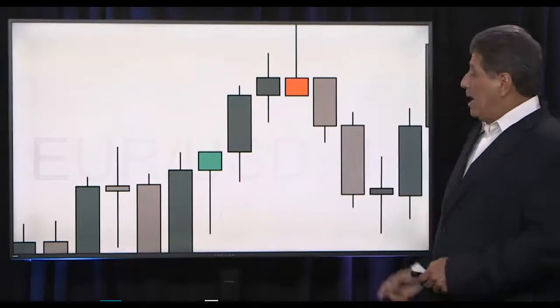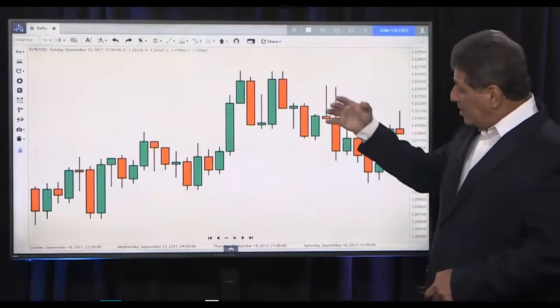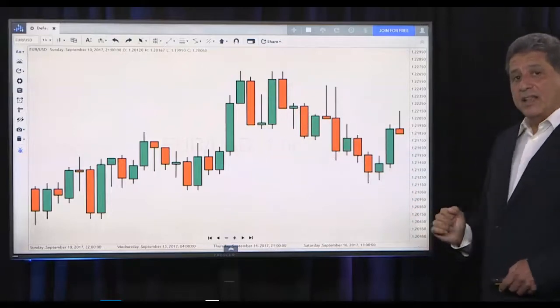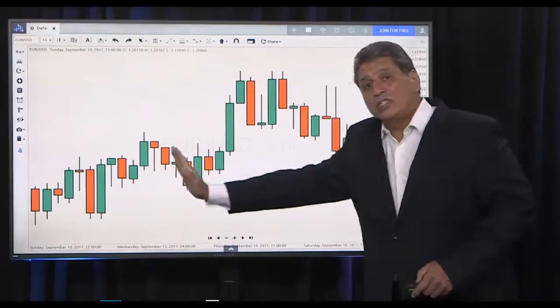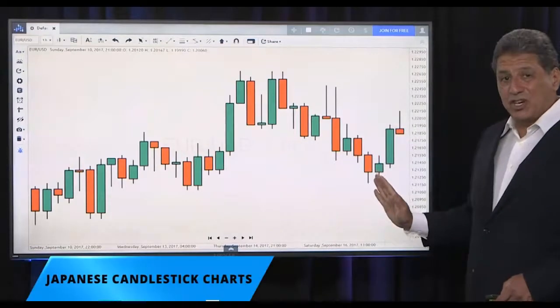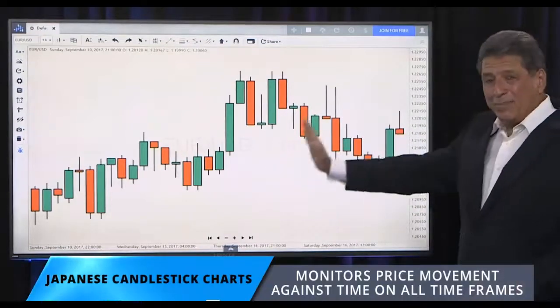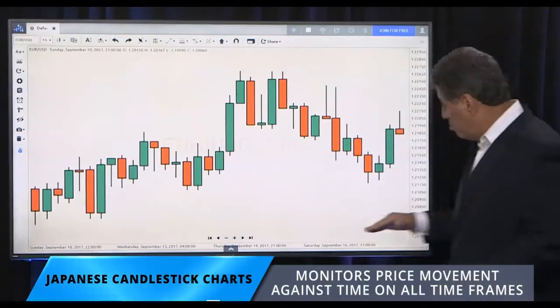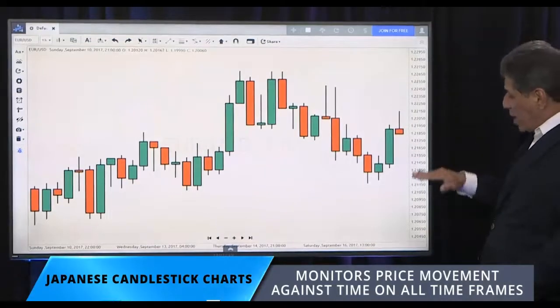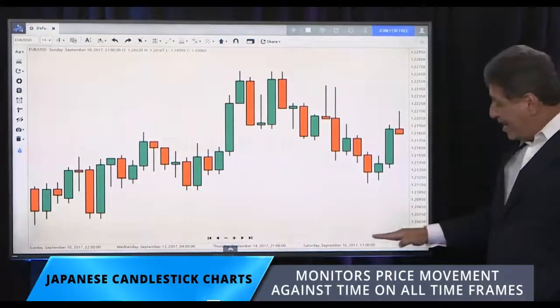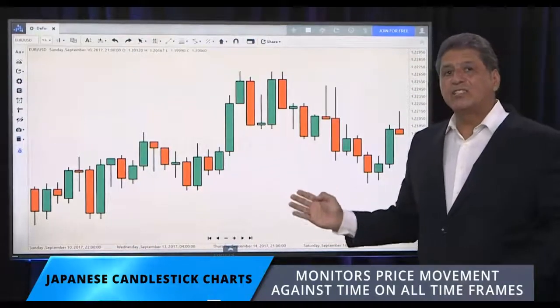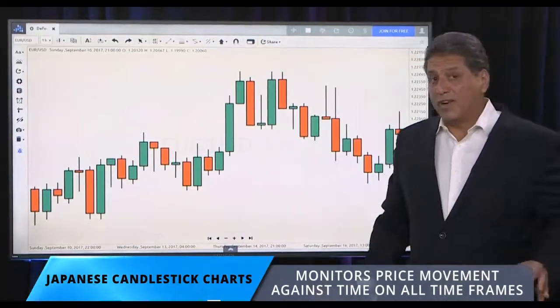And so, once again, I want to zoom out and help you understand that you are looking at what's called a Japanese candlestick chart. Japanese candlestick charts monitor price movement, which is right here, against time. This is time. And these candlestick formations form on all time frames.